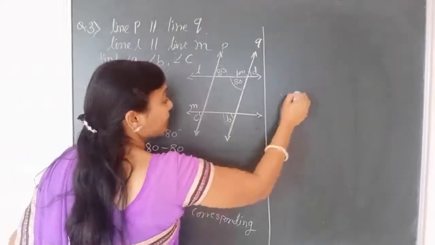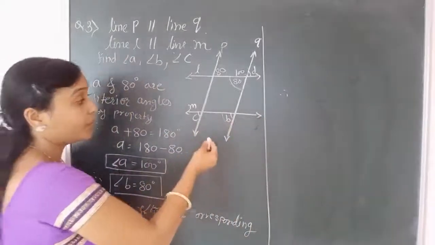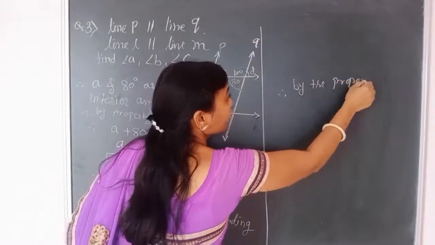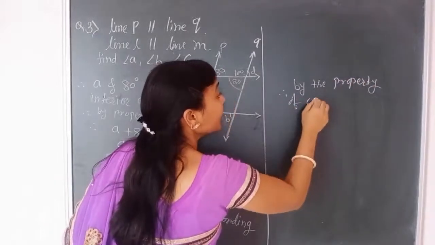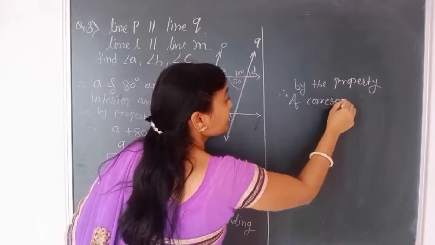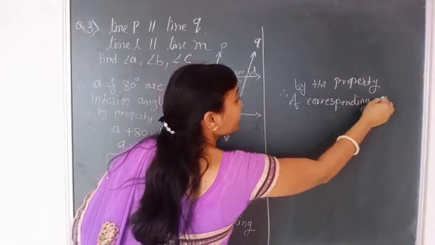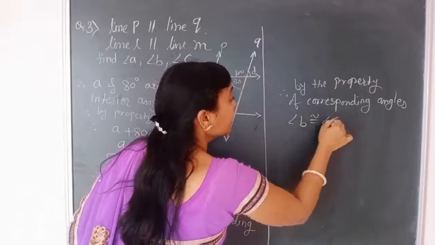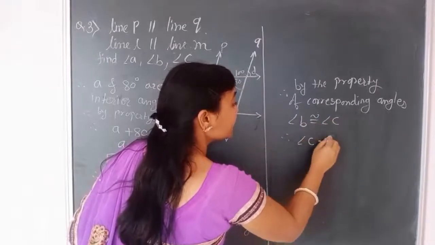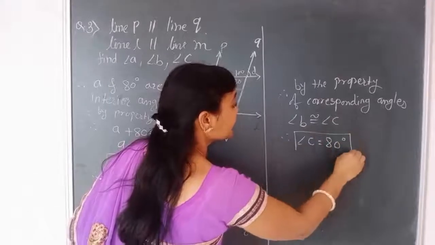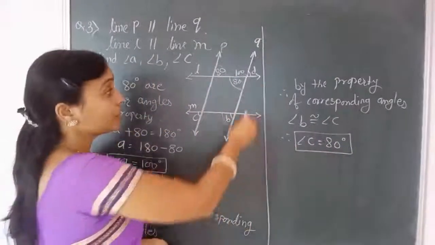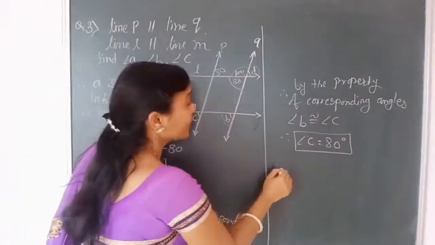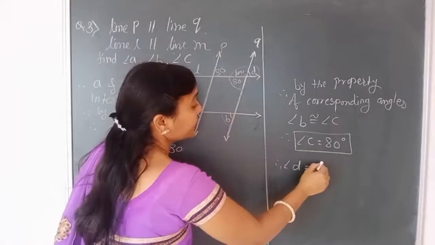And therefore these are congruent by the property of corresponding angles. Angle B congruent to angle C. Therefore angle C is equal to 80 degree. And extra information, D also, 100 and D are the angles in linear pair. Therefore D is also 80 degree.